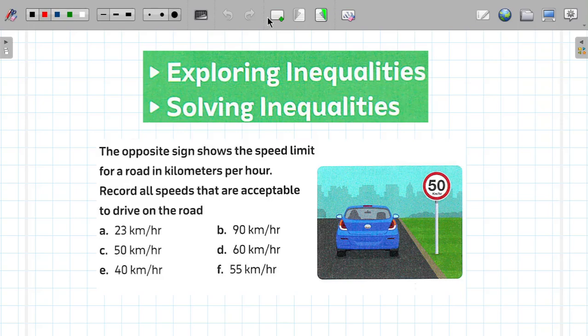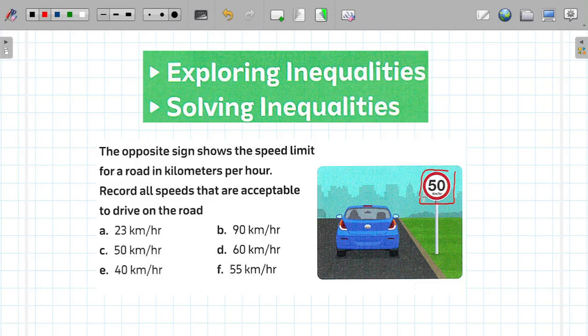Okay, so in this example, he says the opposite sign shows the speed limit for a road in kilometers per hour. Record all speeds that are acceptable to drive on the road. The sign here says the speed limit is 50 kilometers per hour. What is the meaning of that? It means that cars cannot pass this speed limit.